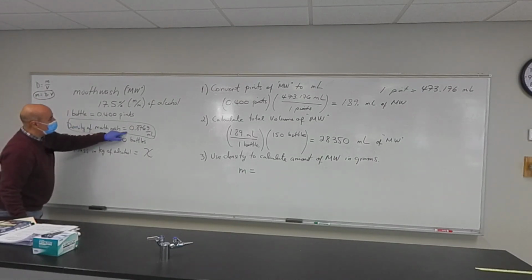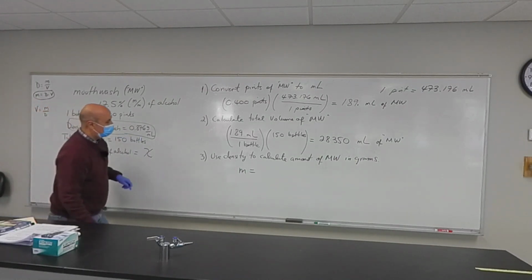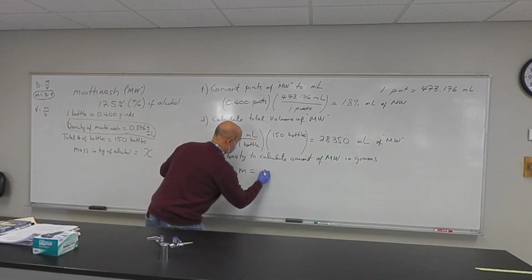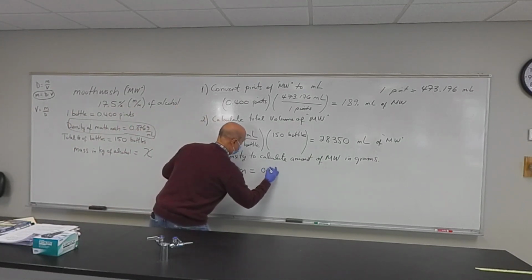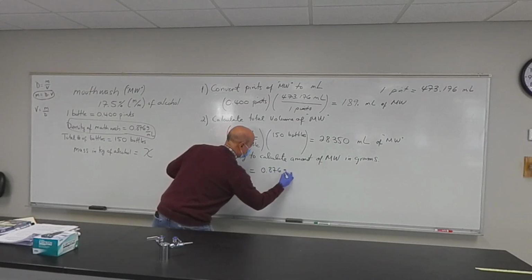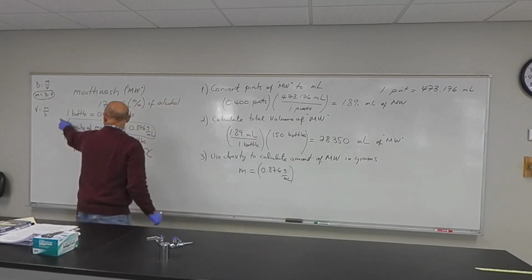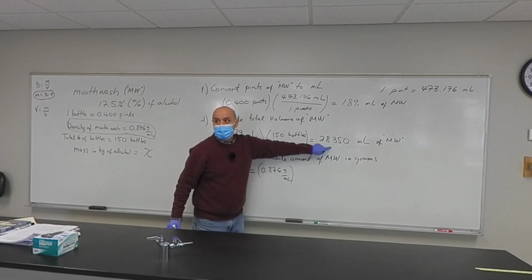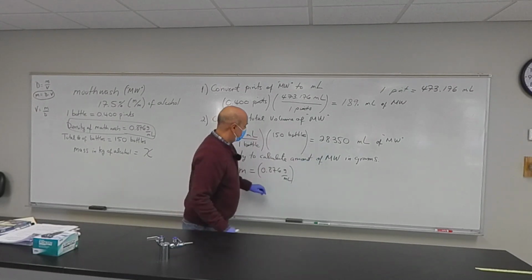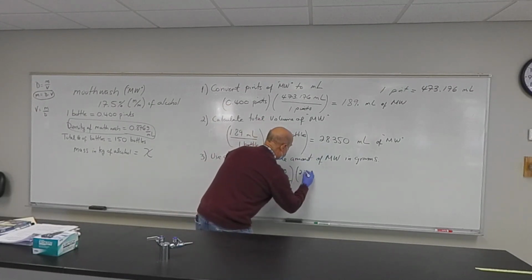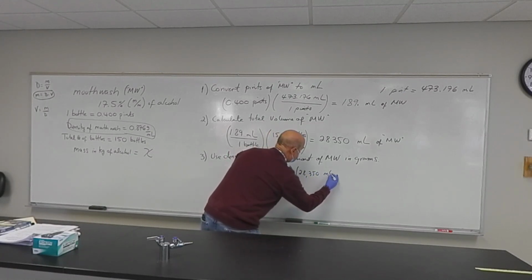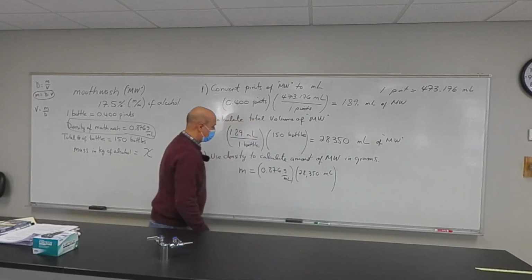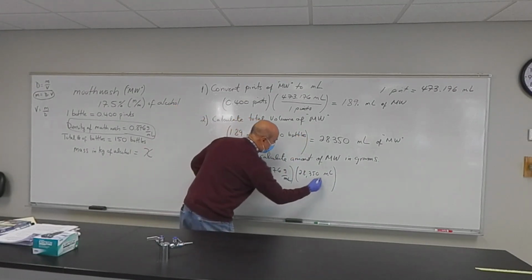So we have the density, 0.876 grams per milliliter. And we have the volume, which is the one we got in the previous step. So times 28,350 milliliters. Milliliters cancel.